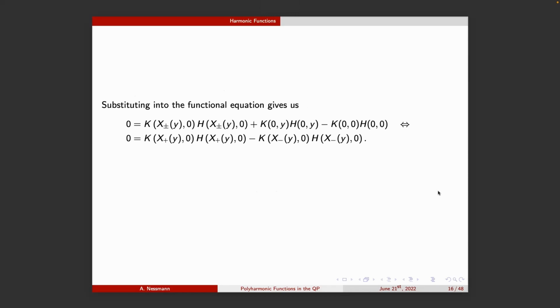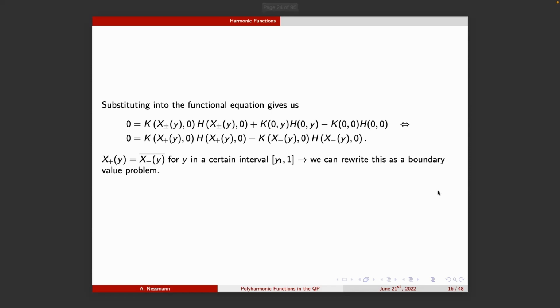What we have now in the second line is very useful because we just have this function K(x,0) h(x,0) evaluated at the points x plus and x minus. And as mentioned before, for a certain range of y, these are complex conjugates. So here is where complex analysis comes in.